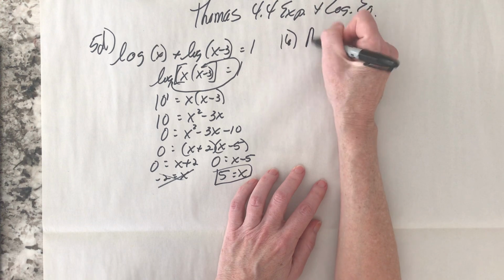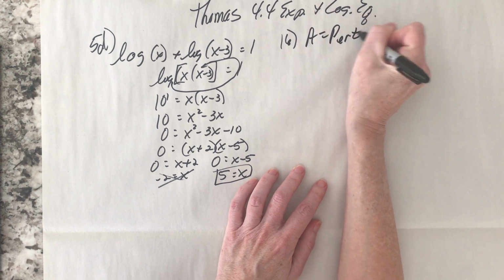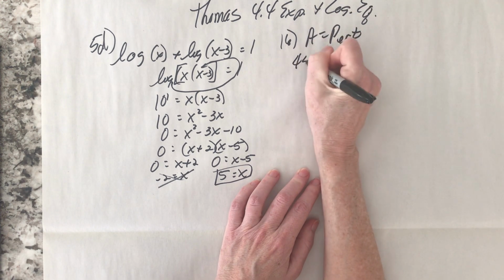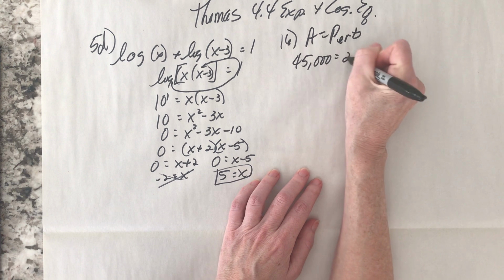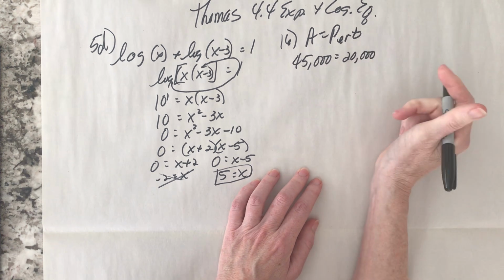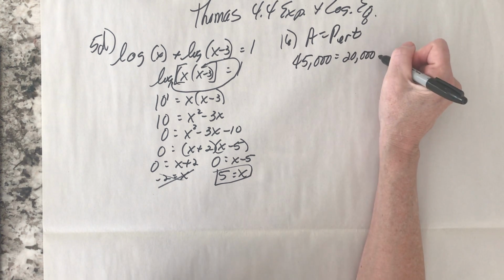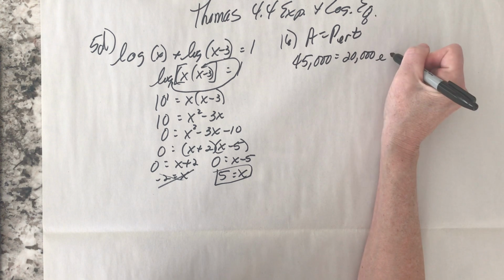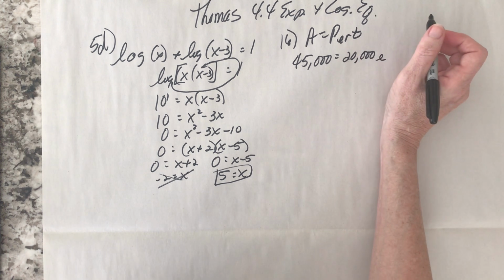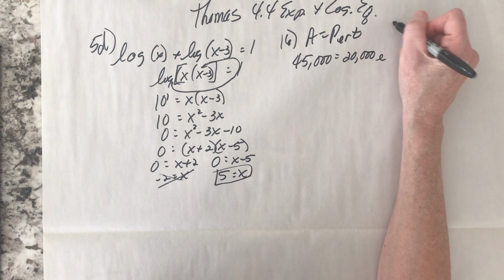So let's use the formula. The accumulated amount, you want $45,000 out of that money. It began life, you put in the account $20,000. We'll multiply that times e raised to the rate, and the rate in this problem is 2.5%.